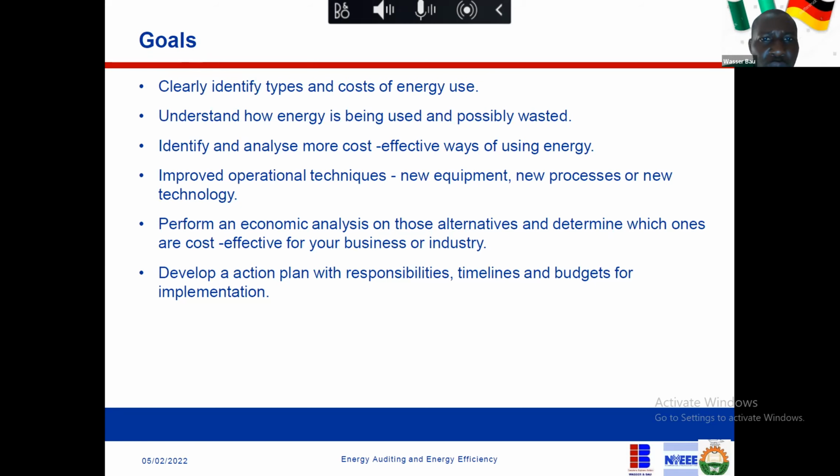What are your goals? Clearly identify types and cost of energy use. Understand how energy is being used and possibly wasted. One of the attributes of an energy auditor or any auditor is, I would say, ability to learn. Generally, we engineers have that issue, but I believe we are beginning to outgrow it.